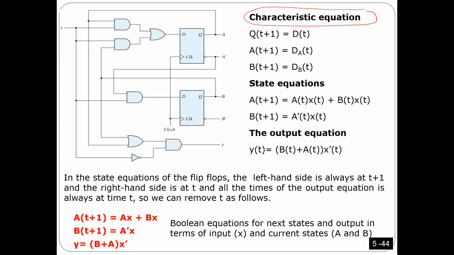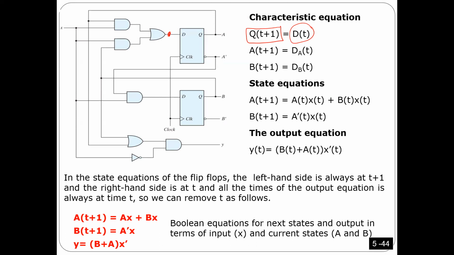This is a very easy case because the output here is equal to the input when the clock comes. So in order to calculate the next state, all I need to calculate is the current value for D. That's it. I need to know the value of D. This is represented by what we call a state equation.